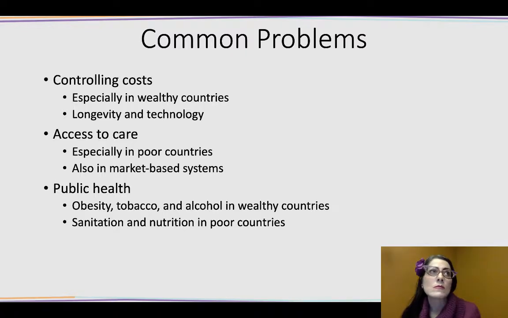So in poor countries, it can be hard, even when care is guaranteed, to get people who are in very rural areas to where they need to be. Public health, obesity, tobacco, and alcohol tend to be issues the most in wealthy countries, and sanitation and nutrition tend to be what you see the biggest problems in poor countries.